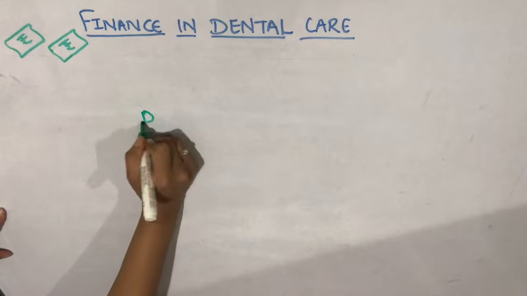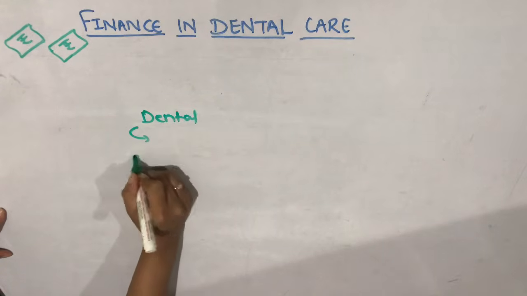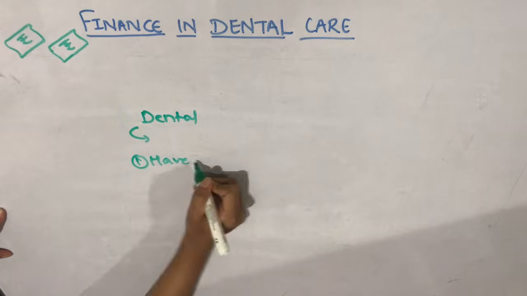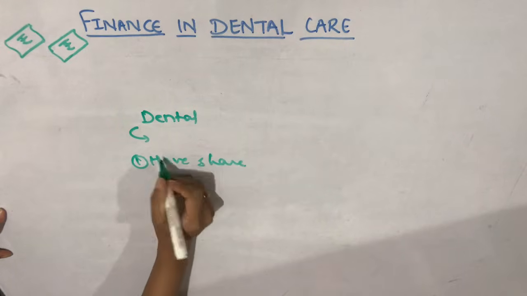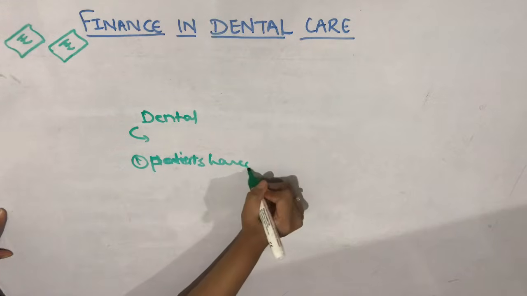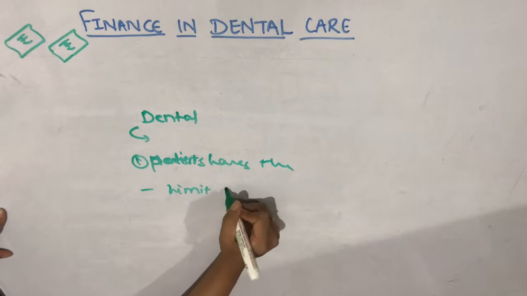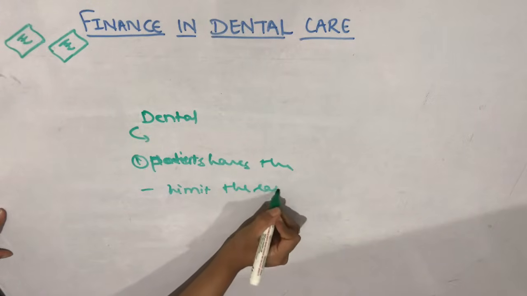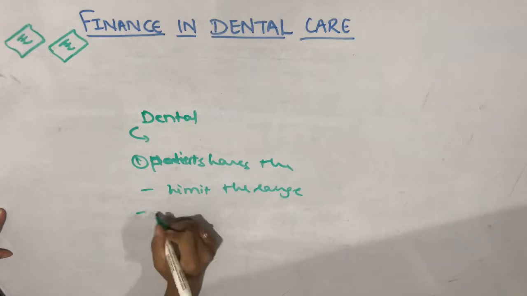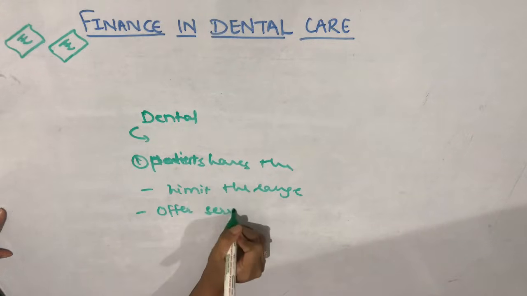If you're taking dental insurance, how can it be more feasible? First, the patient shares the cost. Then it limits the range of the services. Next, it offers services only to groups.